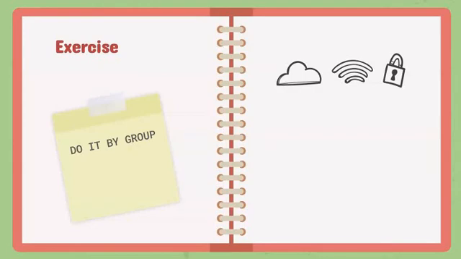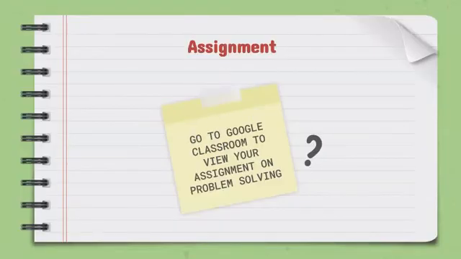So what we're going to do is solve problems, but you're going to do it by group. You're going to go to Google Classroom to view your assignment on problem solving. There are two sets, part A and part B. Part A has 4 problems.